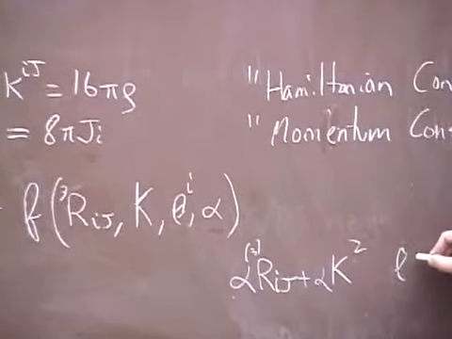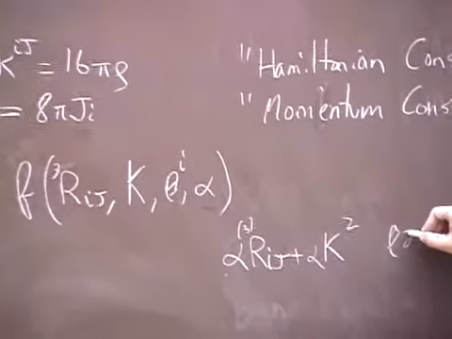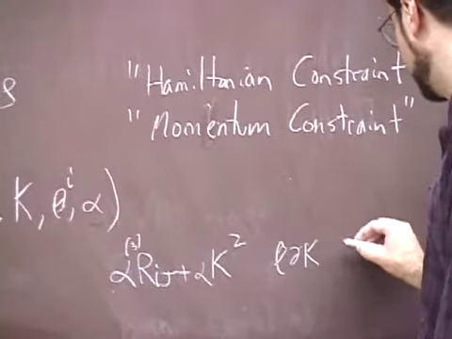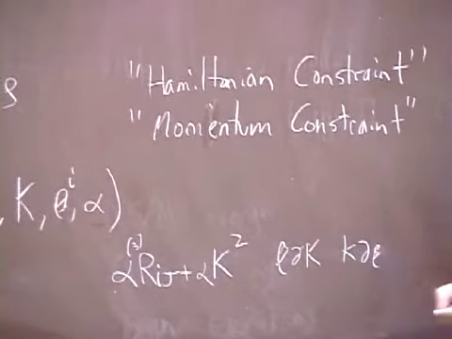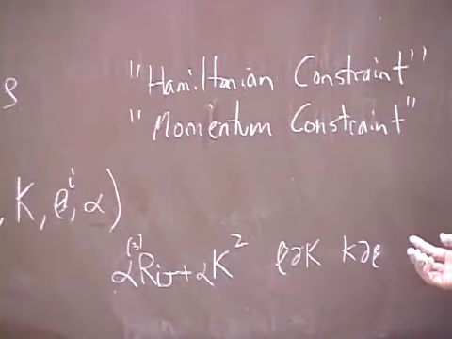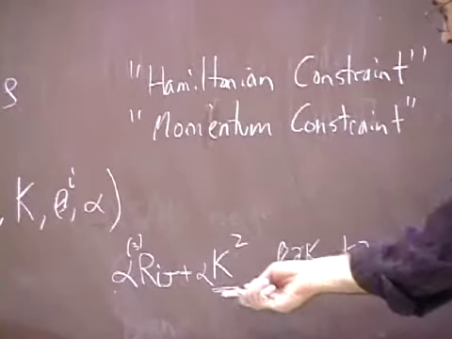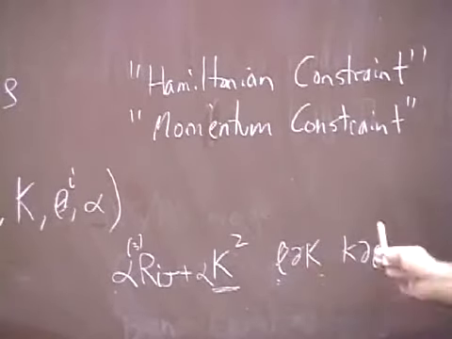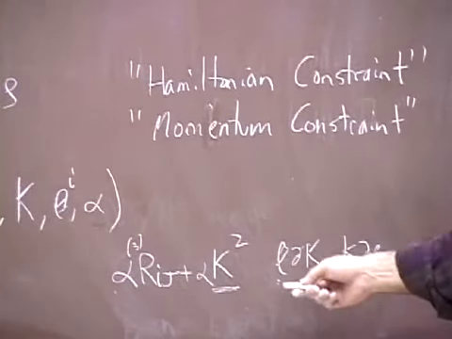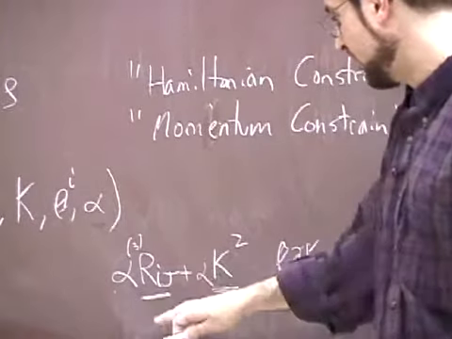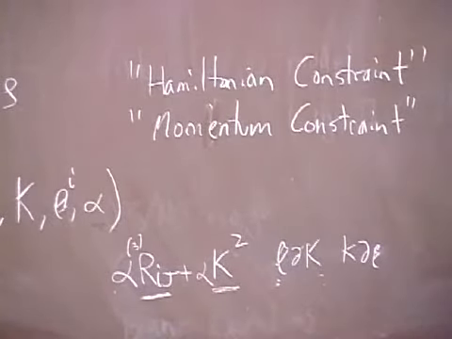And then there's beta terms that are only multiplied by derivatives of K and derivatives of beta. So there's beta dK and K d beta terms. So there's nonlinearities in a few places. One is where you have the K squared terms. The other, if you want to call these nonlinearities because they're between different variables, it's still nonlinear. But this term is linear in beta, and you have nasty nonlinearities in this Ricci tensor.